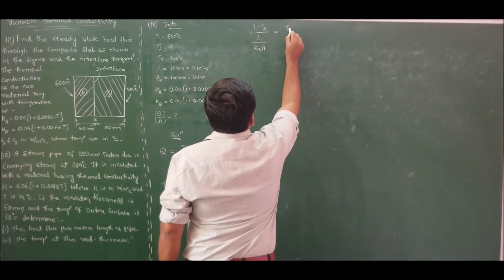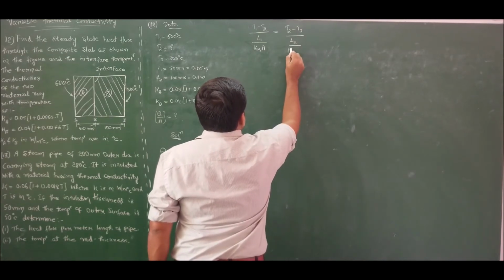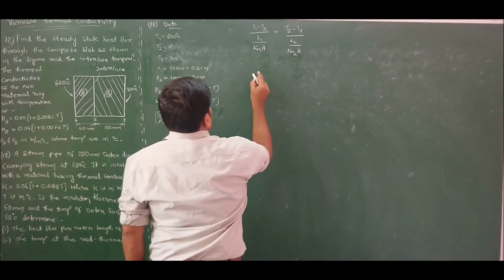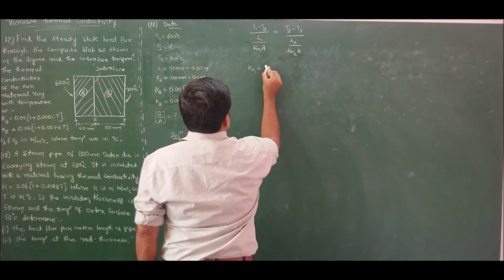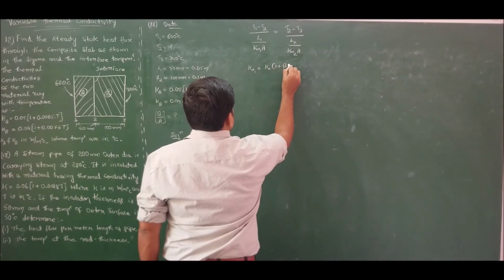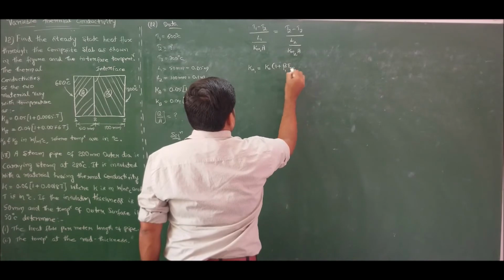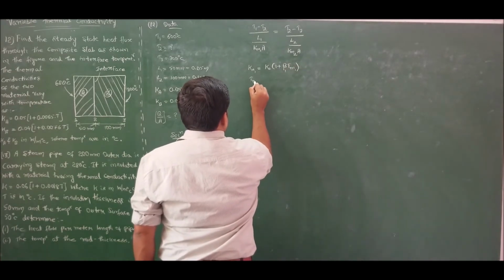This is equal to (T2 minus T3) divided by L2 by Km2 into A, where Km1 is equal to K0 of (1 plus beta T mean 1). So we need beta 1, T mean 1, and find the value of T mean 1.